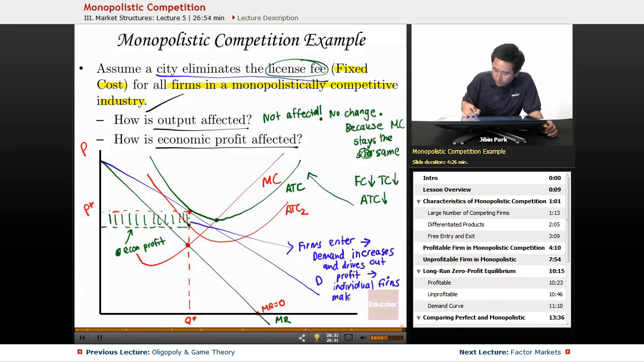So basically, this entire green shaded area is driven out by the increase in the number of firms until it reaches back to the long run equilibrium of zero economic profit.